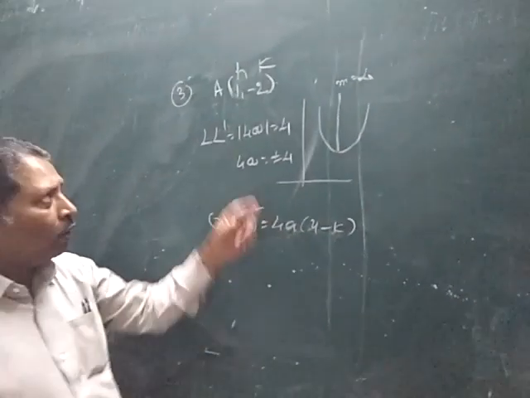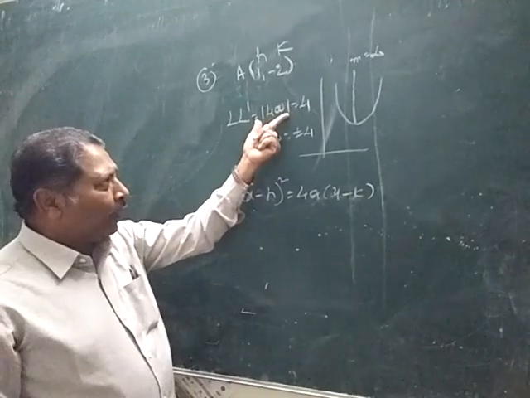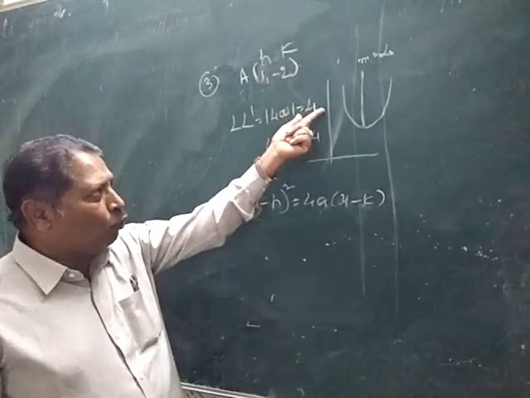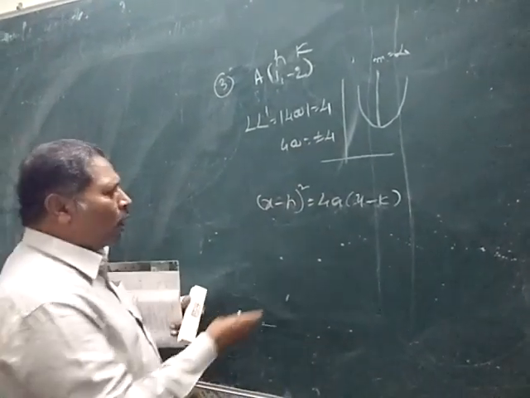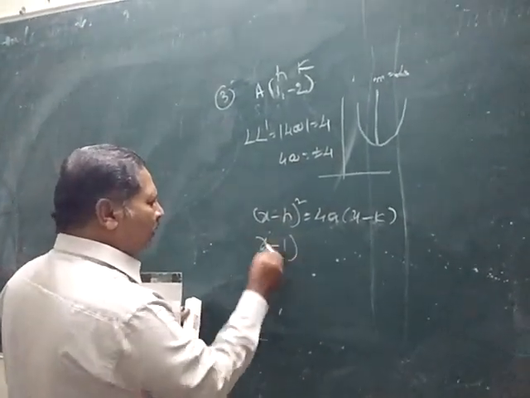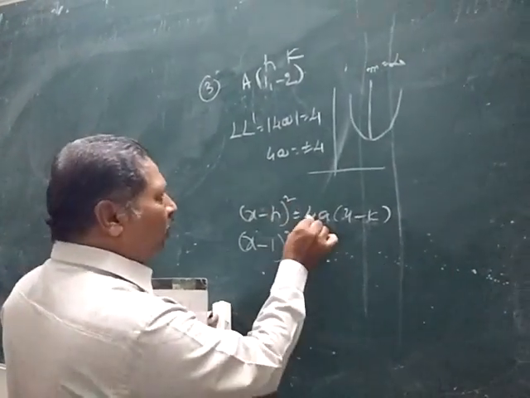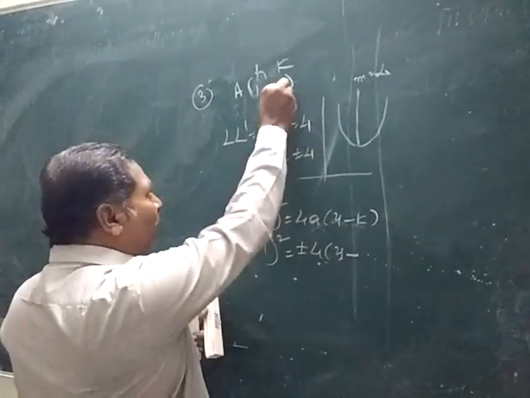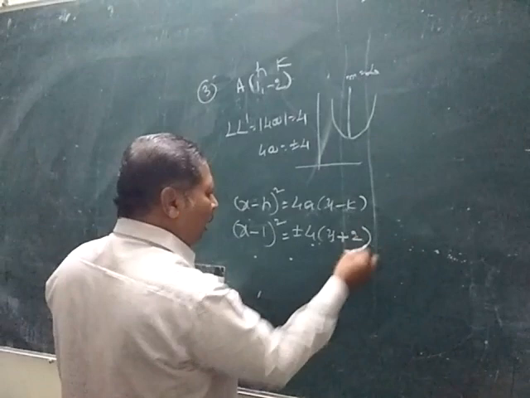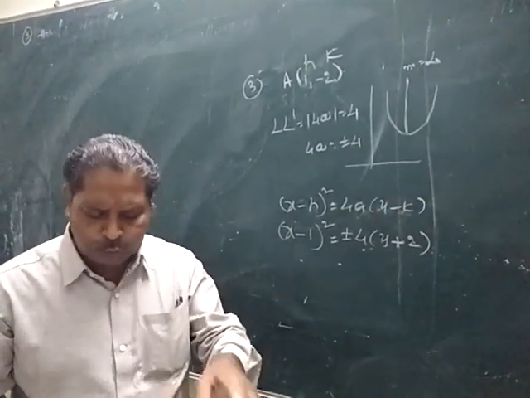So the parabola equation is this one, with h value 1, k value -2. The length of the latus rectum is given as 4, so 4a equals plus or minus 4. So the answer is (x - 1)² = ±4(y + 2).